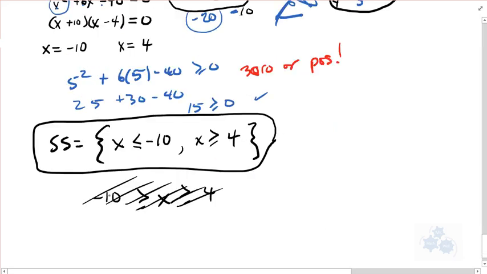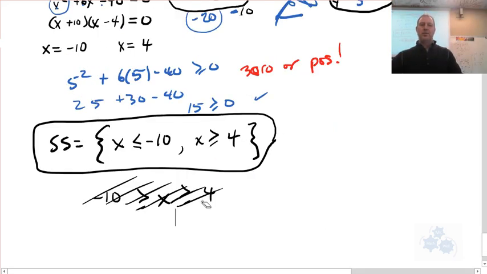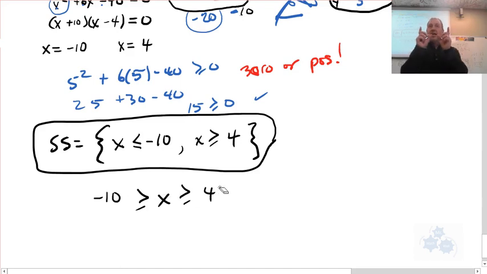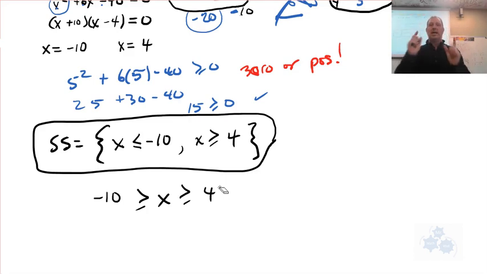Okay, so the question was asked here, is this okay to write this solution like this? If you read it carefully, it seems like x is less than negative 10, and x is greater than 4. So that does technically say that there's two separate parts of the domain that are not continuously attached.